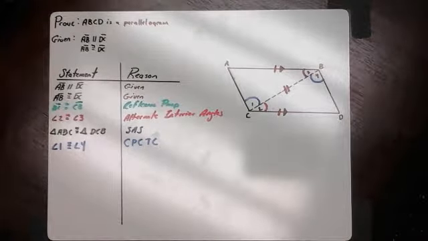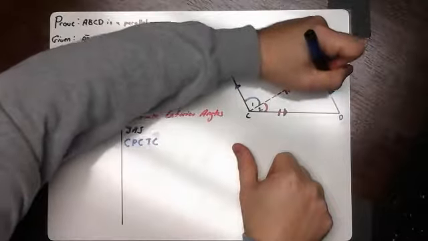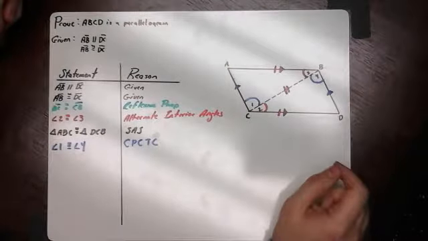So now I can state from there that AC is parallel to BD. I can say that this is parallel because I have the alternate interior angles that exist in there.